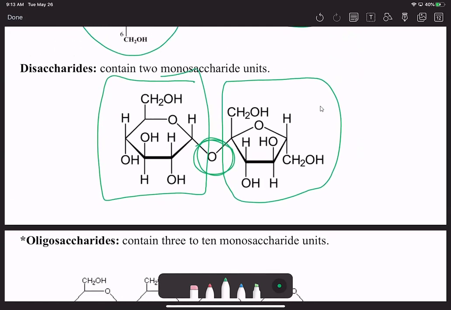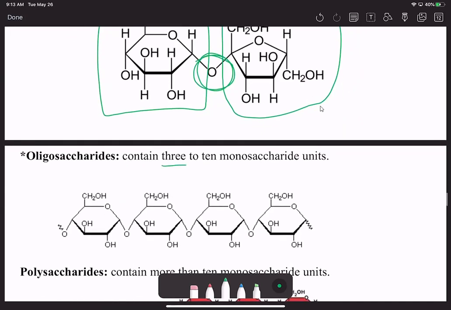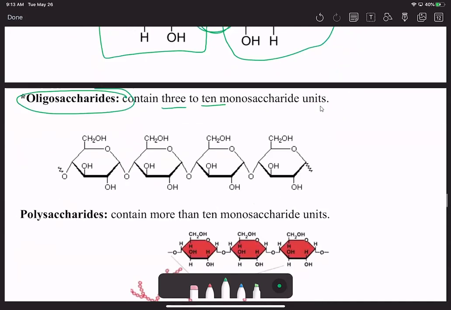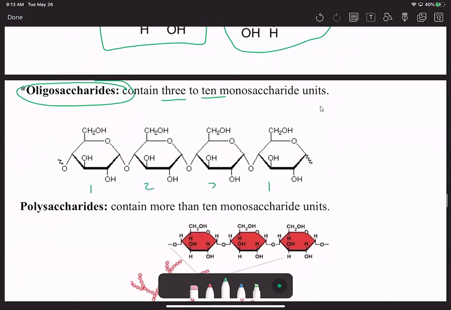We're not going to go trisaccharide, tetrasaccharide. It's just 1, 2, and anything from 3 to 10 is going to be considered an oligosaccharide. So here we have 1, 2, 3, 4 of these saccharide units, and this is going to be considered an oligosaccharide. So whether it has 4, 7, 8, 9, 10, they're all under this term oligosaccharide.